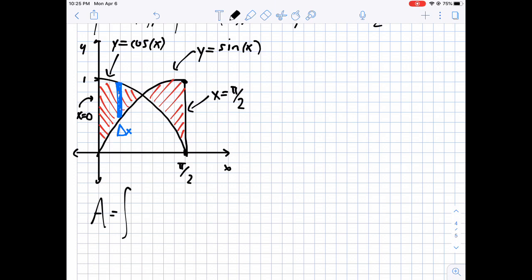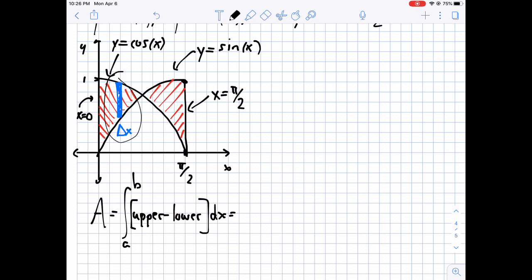It's going to be the integral of the upper function minus the lower function. That's always the same if you're integrating with respect to x. And my limits of integration will be from a to b. Now here, we have to ask ourselves, what is the upper function?